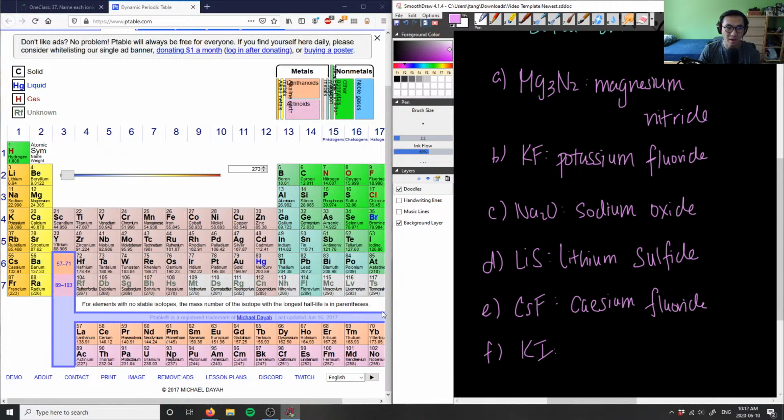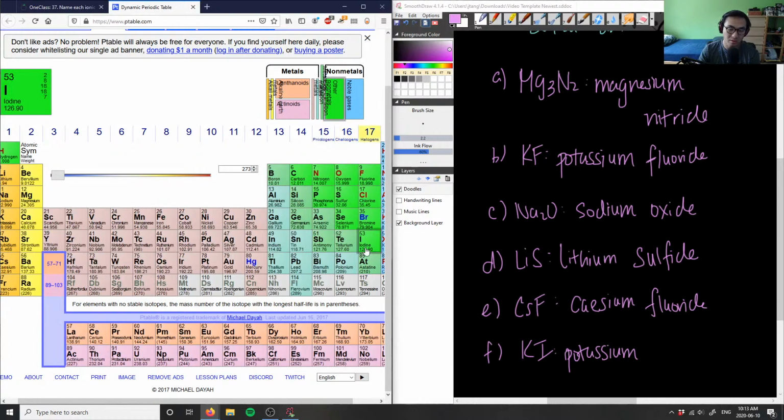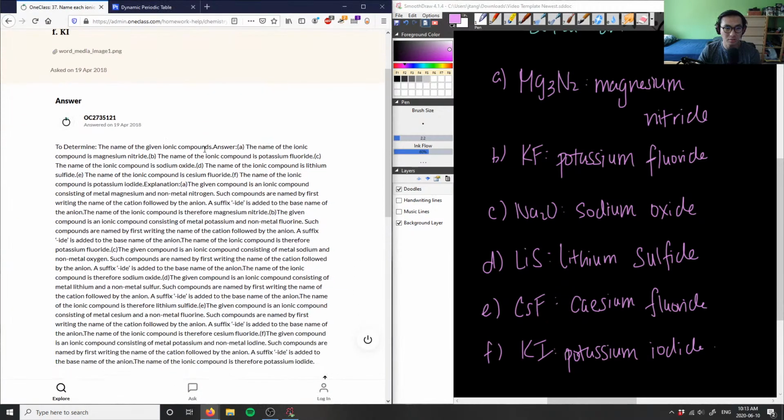And then finally for KI here we have K, which we know as potassium. And the I here, if you look at our group 17, we know the nonmetal I is iodine. So we're going to drop the ending to make iodide. So potassium iodide. And these are our solutions for question 1. So let's check their answers. A here is magnesium nitride, which is good.